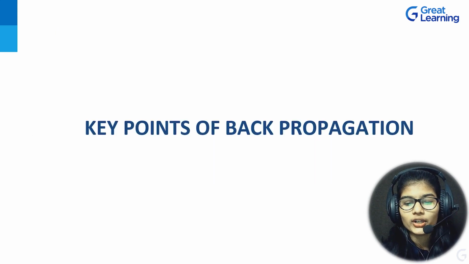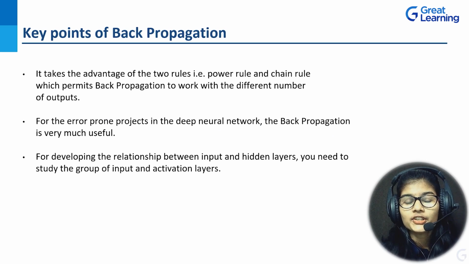Now, what are the key points of backpropagation? First, it takes advantage of two rules, the power rule and the chain rule, which permit backpropagation to work with different numbers of outputs.